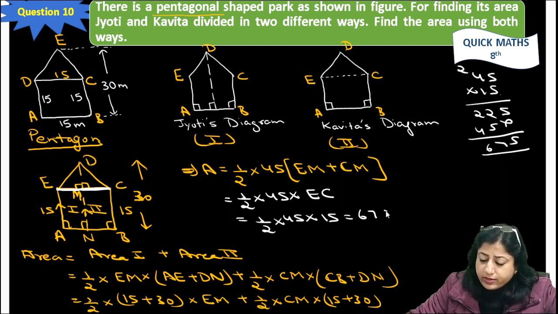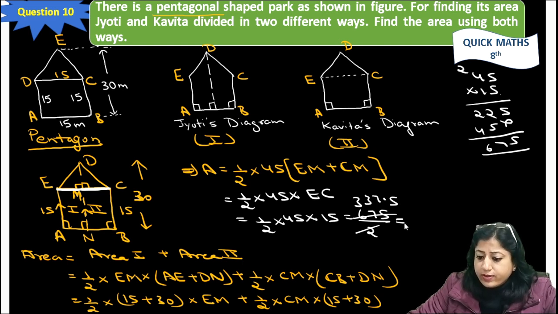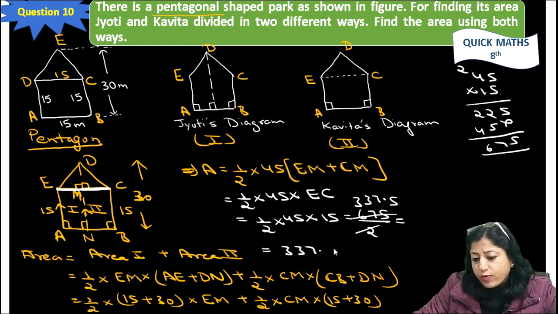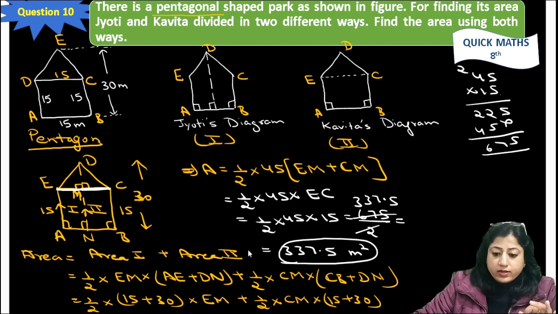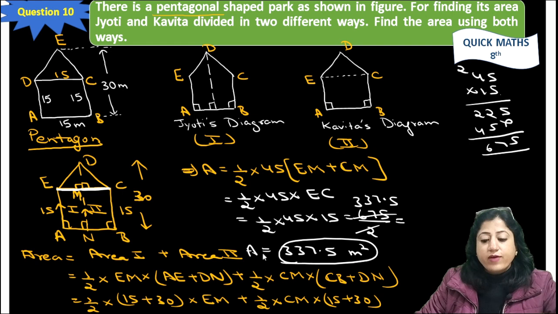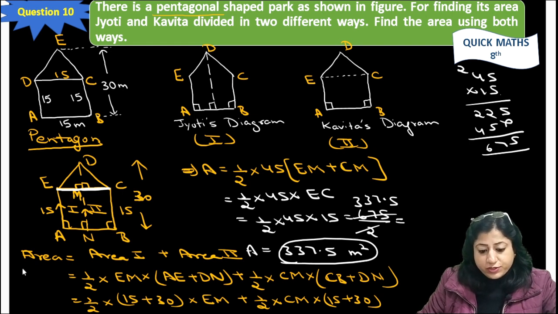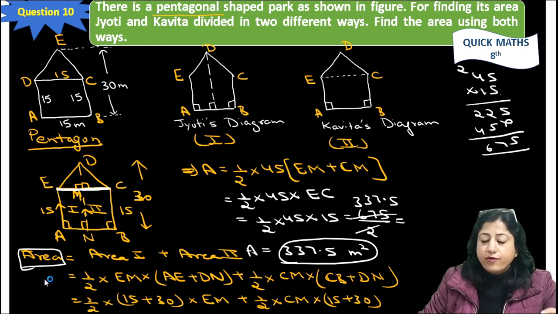So it will be 675 by 2, which is 337.5 meter square. This is the total area of this figure. According to Jyoti's measurement and division, the area is 337.5. So this is the calculation for the first area.